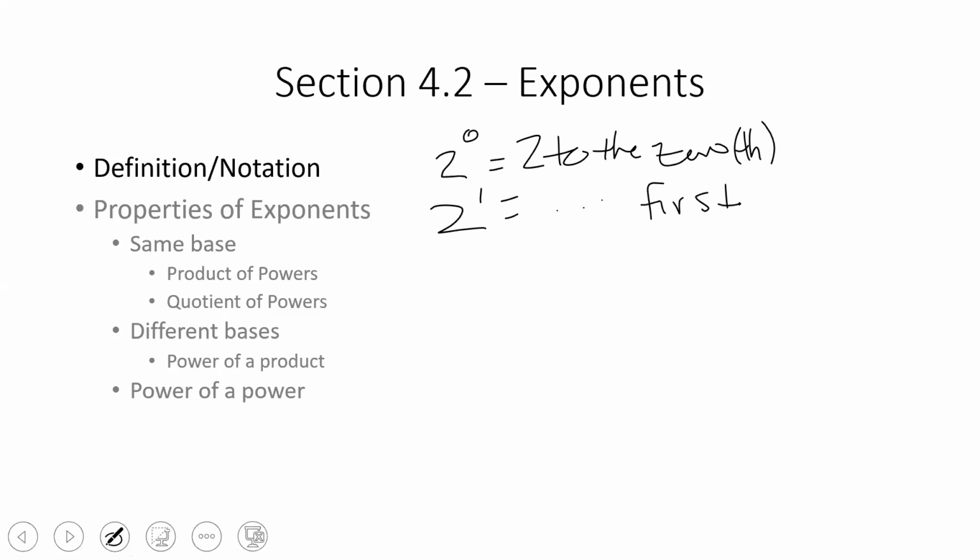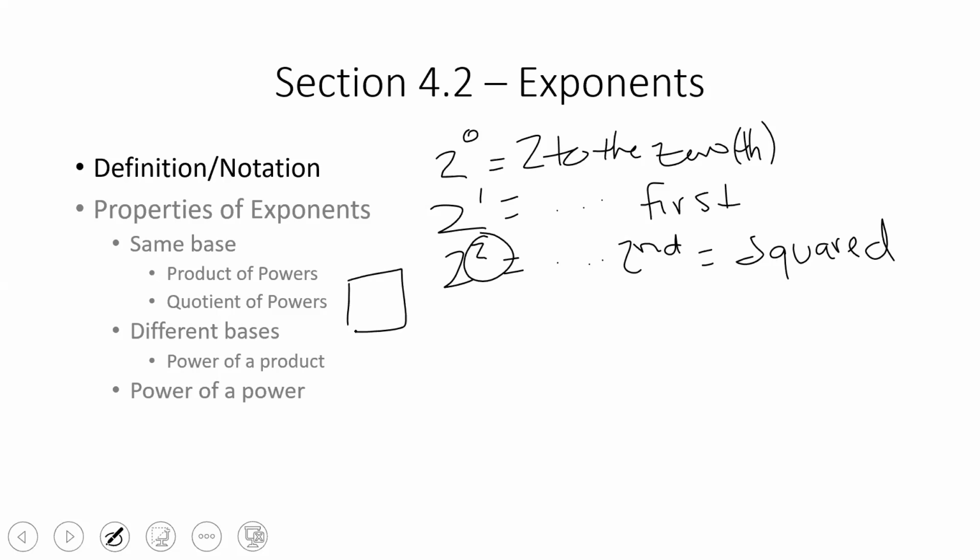And then something interesting happens whenever we're getting to exponents of 2 or 3. So if I have 2 to the second, we can also consider that to be 2 squared. And the way to think of that is if we have an exponent of 2, think of it like 2-dimensional, like a square.